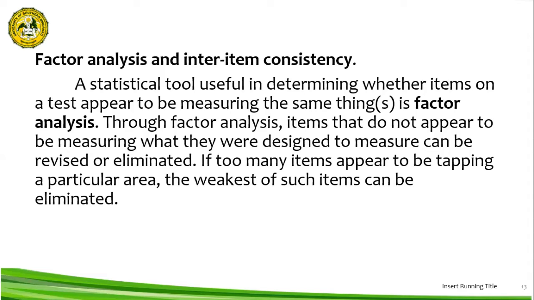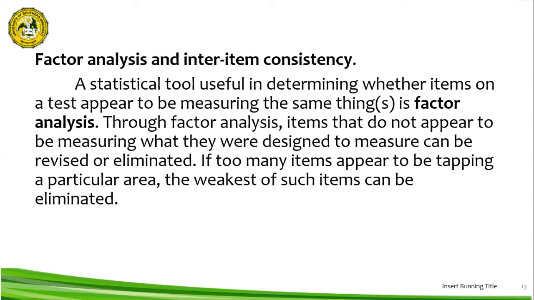The goal of factor analysis and the item reliability index is the same. If too many items appear to be topping a particular area, the weakest of such items can be eliminated, however, retain those strong items that are very useful in the test.